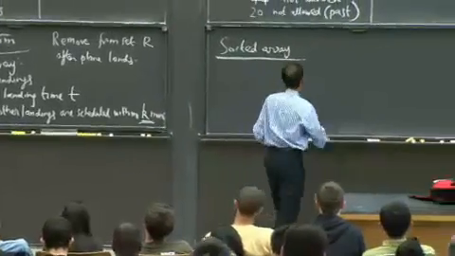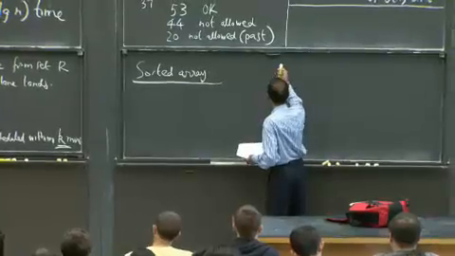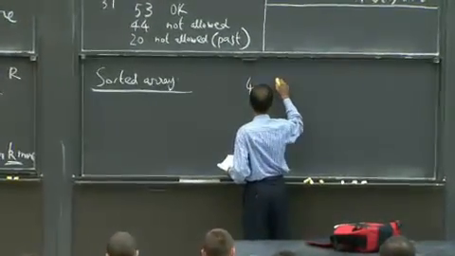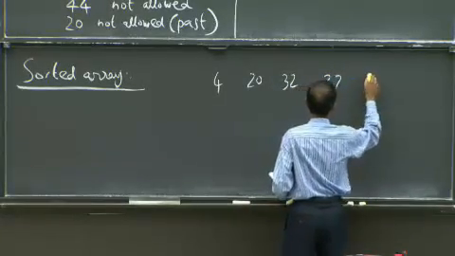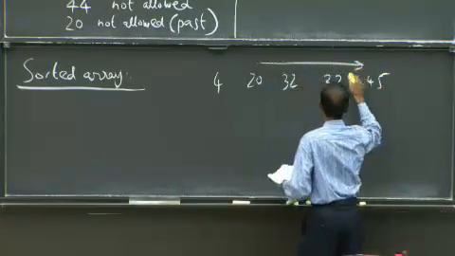A binary search, so if you have a sorted array, and just for argument's sake, it looks like 4, 20, 32, 37, 45, and it's increasing order.